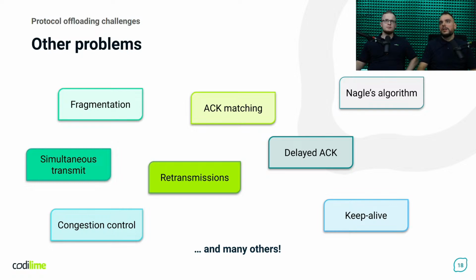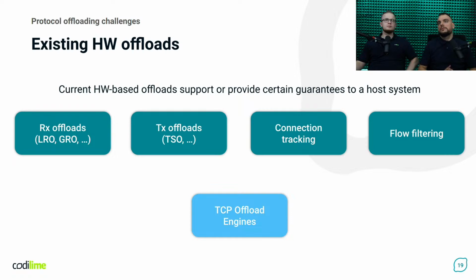For now, let's consider how we could deal with those guarantees. We have some existing hardware offloads available. Yeah, the existing ones to provide the guarantees to the offload. Usually, those guarantees are provided by the operating system network stack.